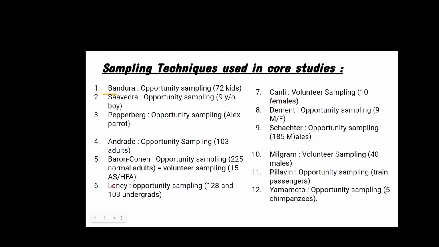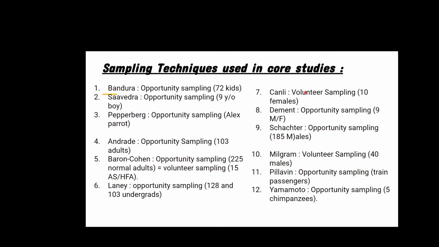Then we had Loftus, who employed opportunity sampling for experiment 1 with 128 undergrad students and experiment 2 with 103 undergraduate students. Then in the biological approach, we first had Canli, who used volunteer sampling to request 10 healthy right-handed females.